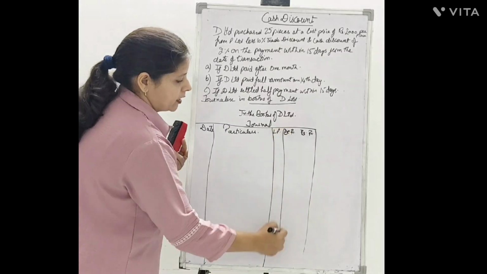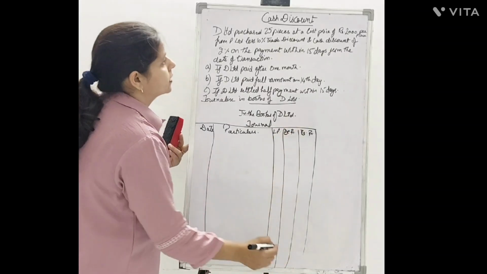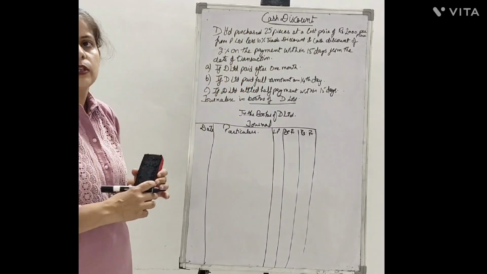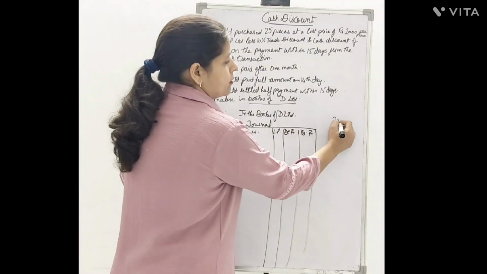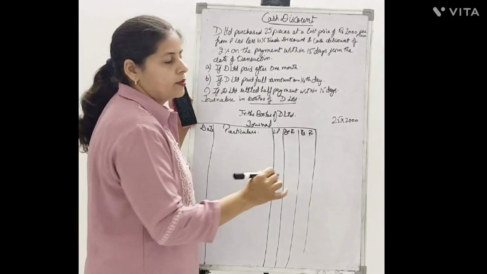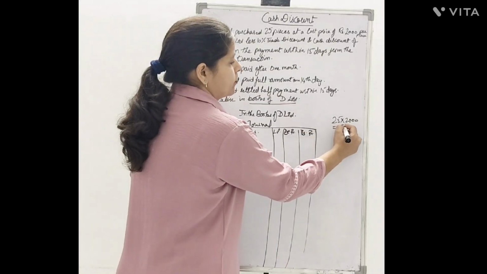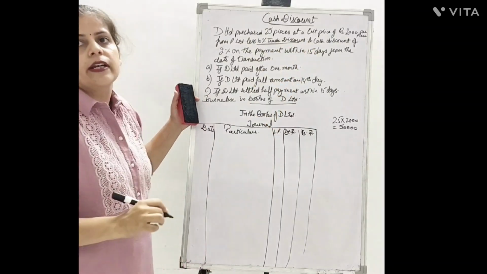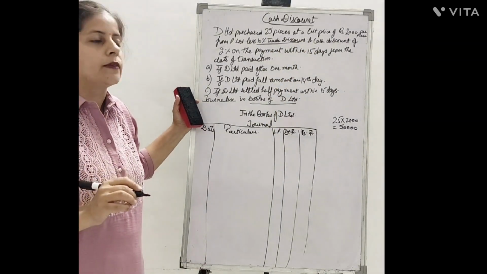First of all, we are given in the question that D Limited has purchased 25 pieces of list price 2000. So what is the total purchase value? 25 multiplied by 2000 gives rupees 50,000, which he has purchased at a trade discount of 10%.